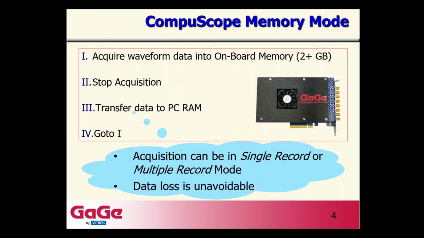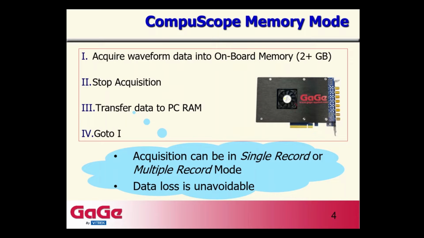The card can acquire in 2 separate modes: single record mode, where we just accept one trigger and acquire for as long as you want, up to, as I say, the several seconds of memory that are available on the card. Or you can use our multiple record mode. In multiple record mode, we're able to acquire multiple shorter waveforms and then stack them in the card's memory.